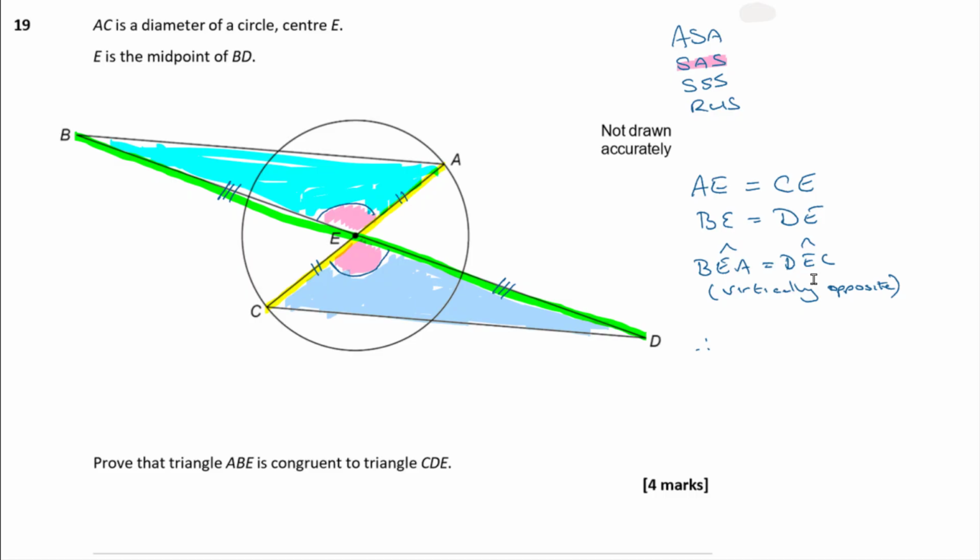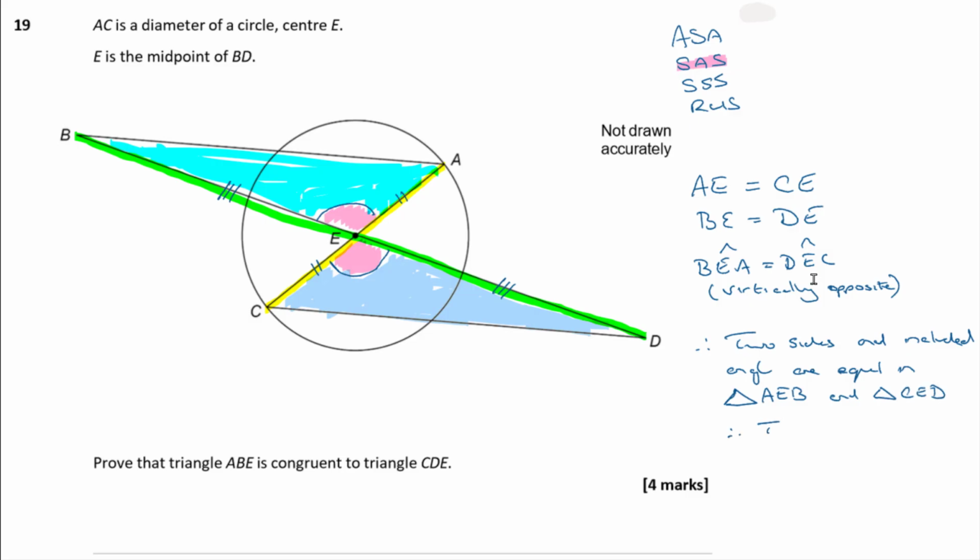So therefore, I've shown that two sides and the included angle are equal in triangle AEB and triangle CED.